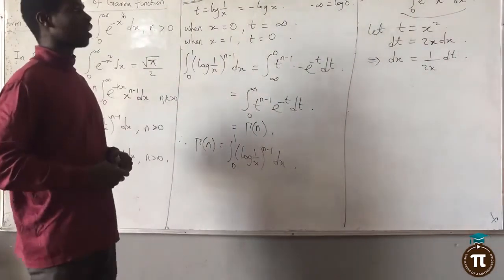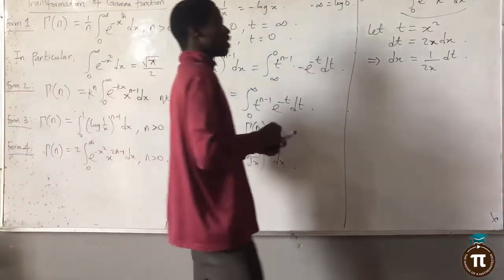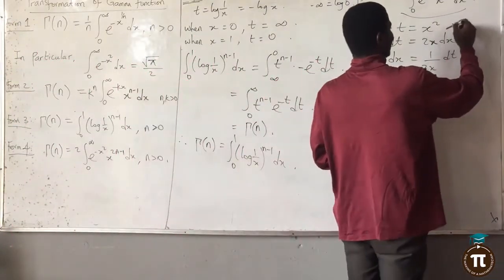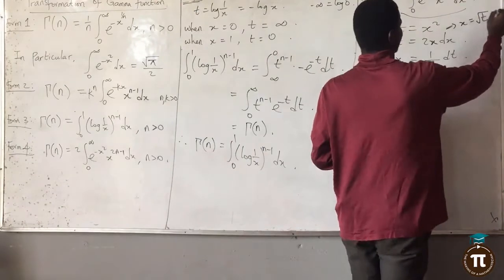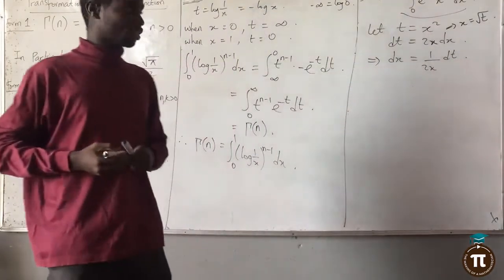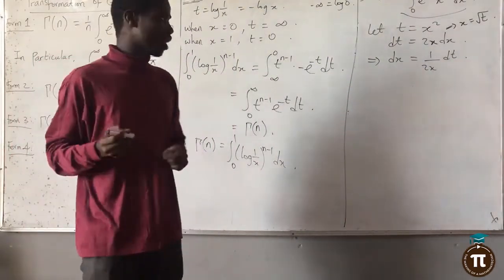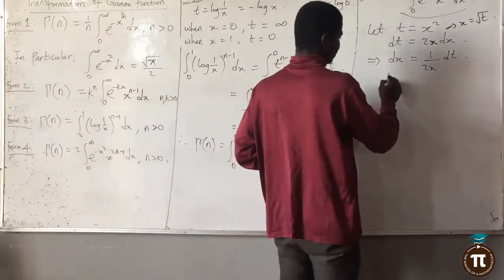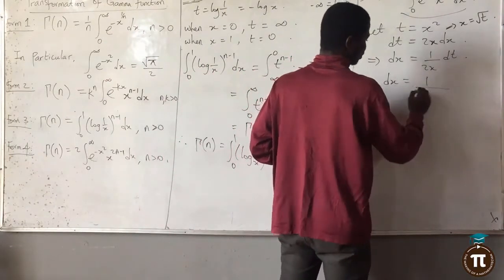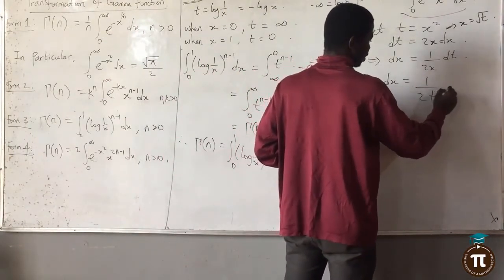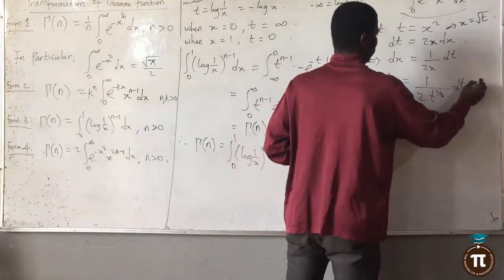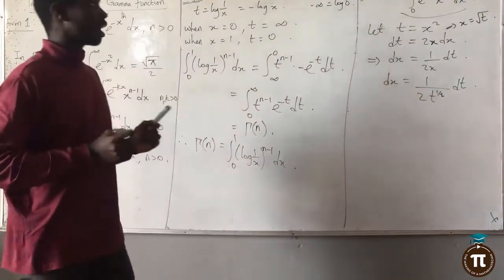That is what I'm going to have. But what is s? If we make s the subject of formula here, s will just be square root of t, or t raised to the power of 1 over 2. So ds is 1 over 2t raised to the power of 1 over 2 dt. That is what I'm going to have.